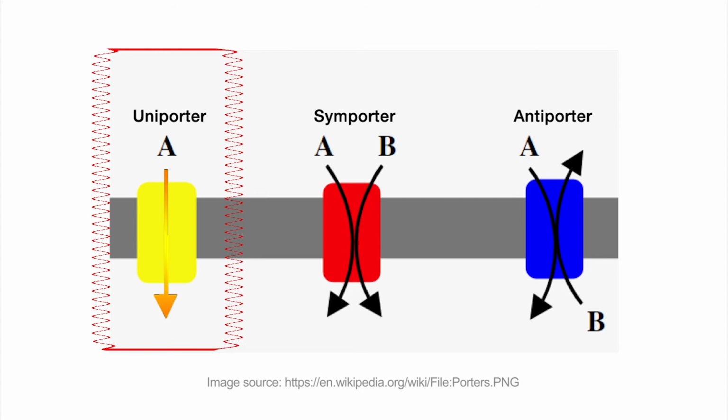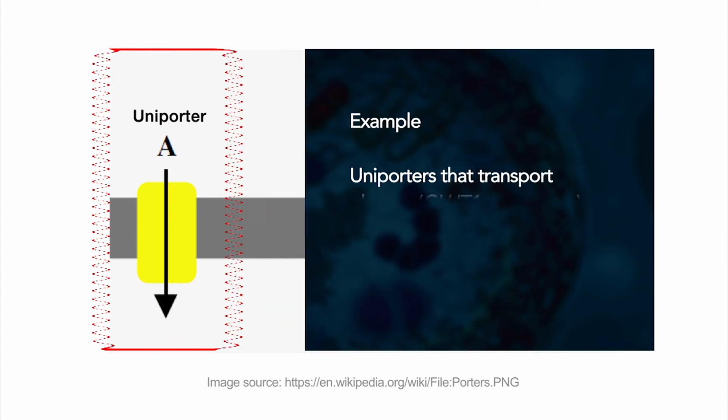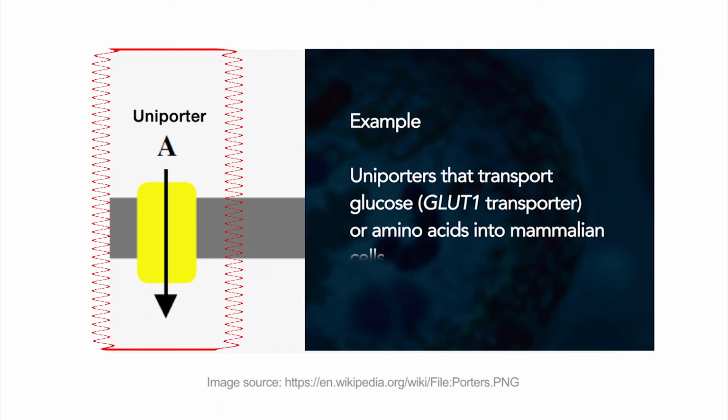The uniporters transport only one molecule at a time down a concentration gradient across the membrane. For example, uniporters that transport glucose, which is the GLUT1 transporter, or amino acids into mammalian cells.